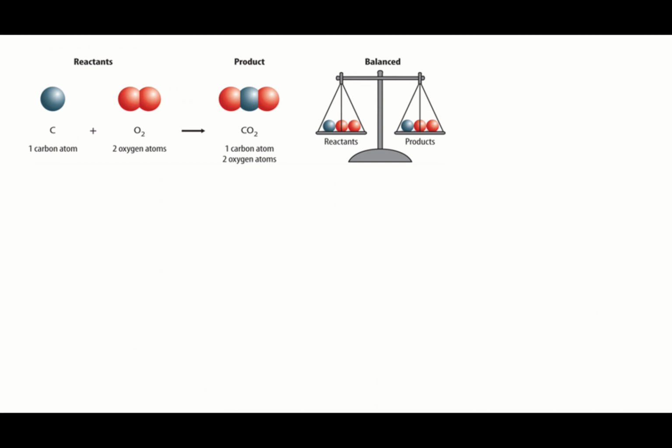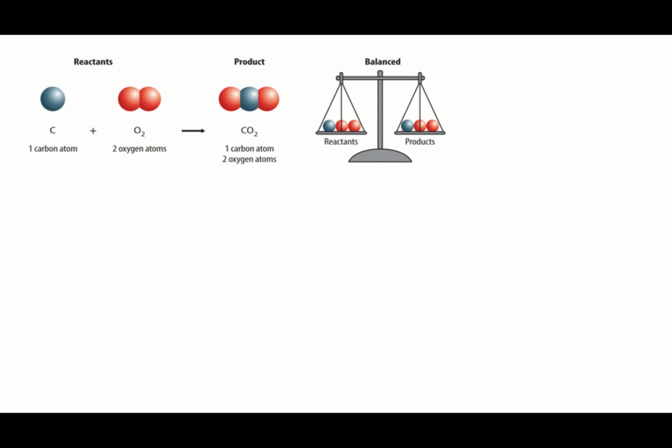So I want to show you a simple example. First of all, we've got carbon plus oxygen. Carbon plus oxygen produces carbon dioxide. We would say that is a word equation.